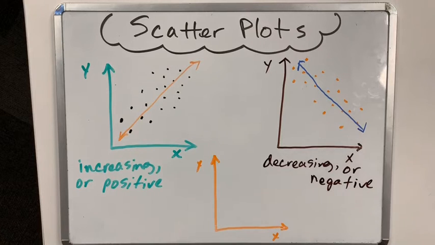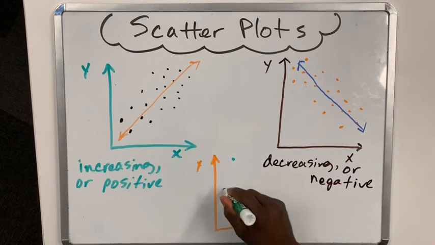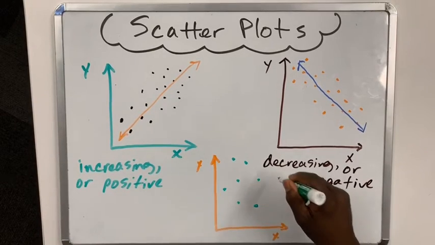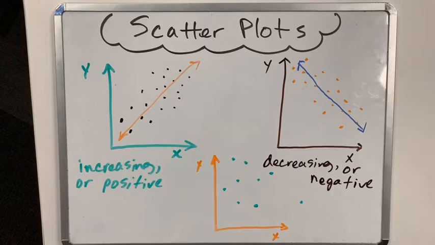But then there's one more, which is a third, where, if you notice in this third XY axis, we can't really draw an increasing trend line or a negative trend line.